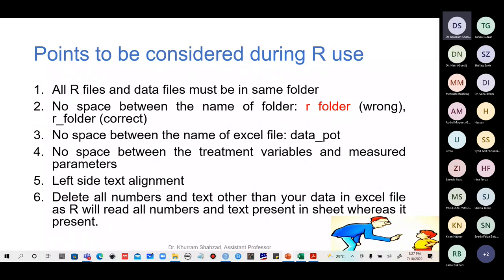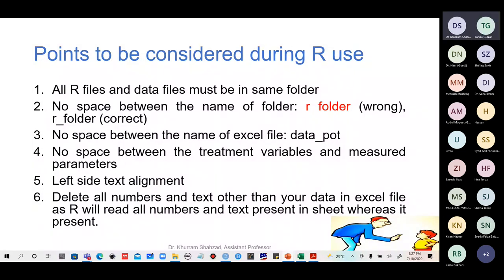Another thing, there should be no space in a folder name or file name. Sometimes it's a single space, sometimes a double space, and it will give you an error. You can write with a dash or an underscore in folder names.